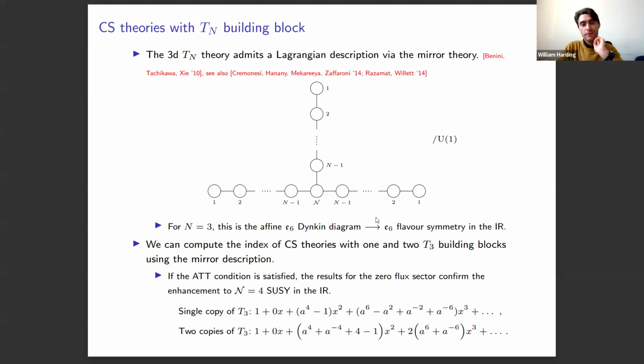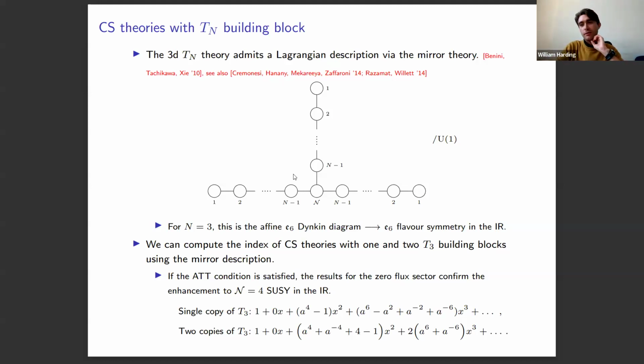Basically, what we did is start from this mirror description, taking three copies of T[SU(3)] and gluing them together. But in doing so, if we want to study the contribution of the index up to a certain order, we have to expand each copy of T_3 before gauging it up to an even higher order and sum over a lot of gauge fluxes.